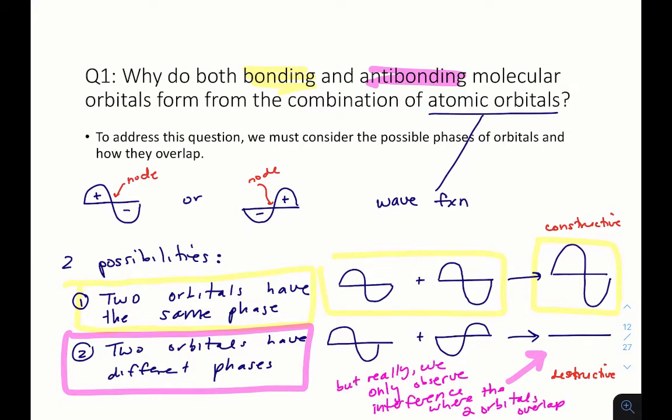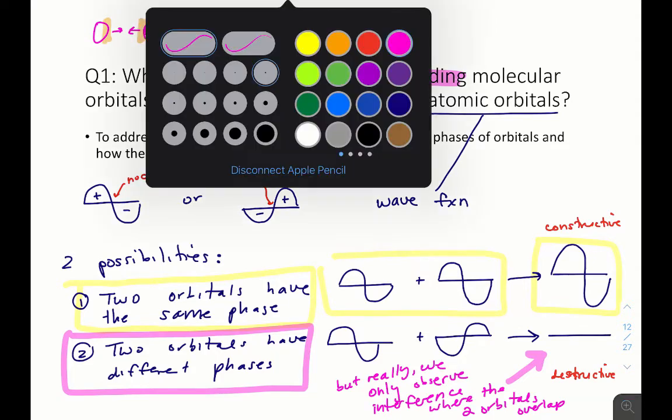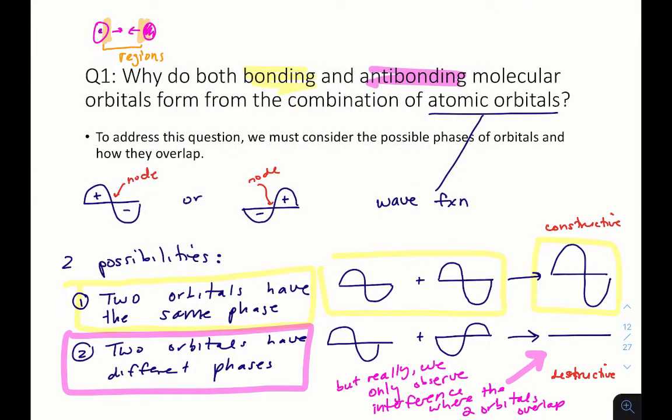For example, I'll draw a picture at the top of the page. If these are the 2 orbitals, they're coming together. Let's say just these regions of the orbitals overlap, so just those orange regions overlap, because again, there's nuclei in there, and they are certainly not going to overlap. So we're only getting them as close as the bond length, which is different than this picture I drew down here.